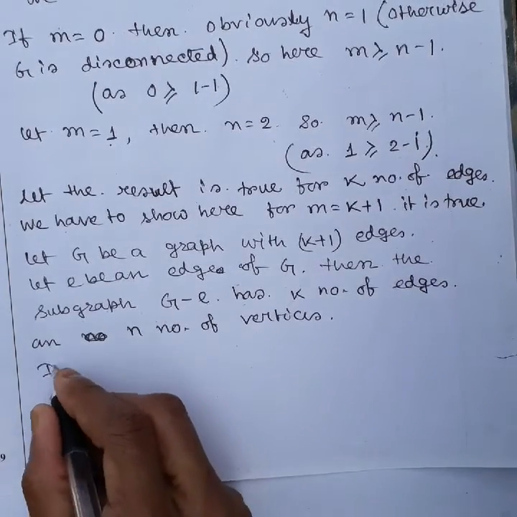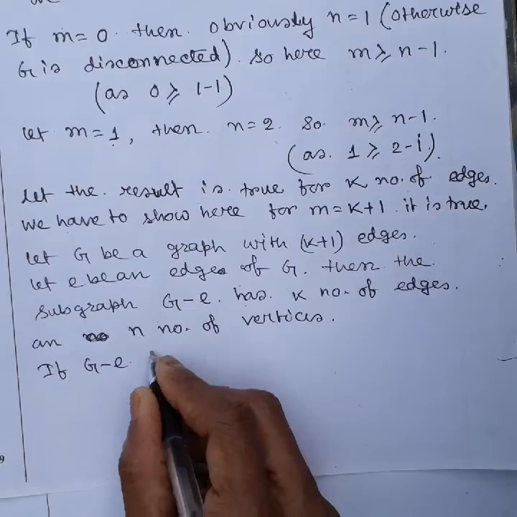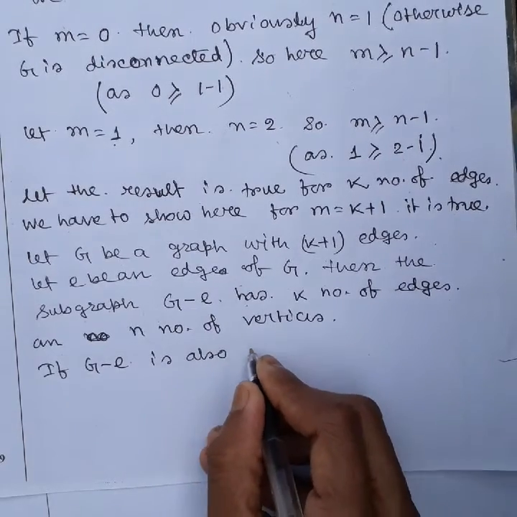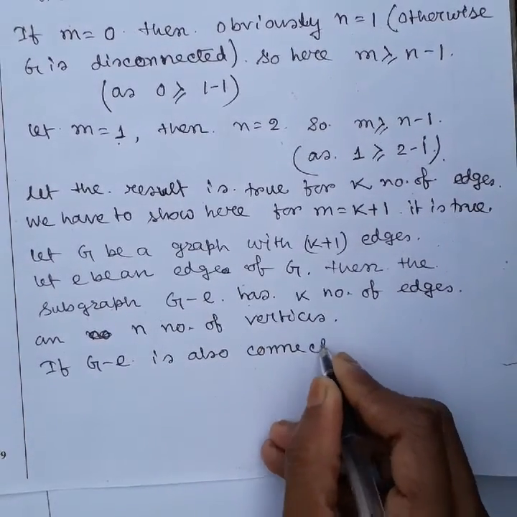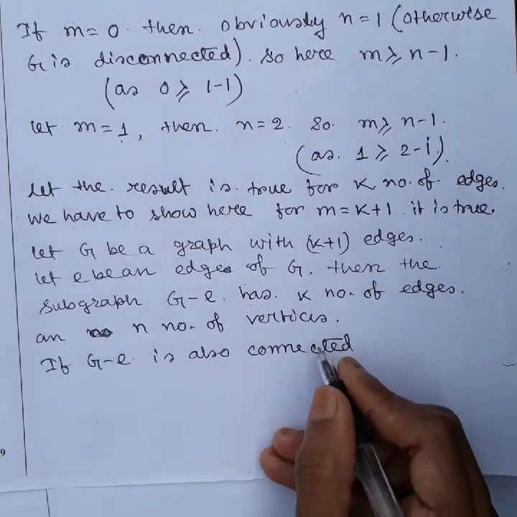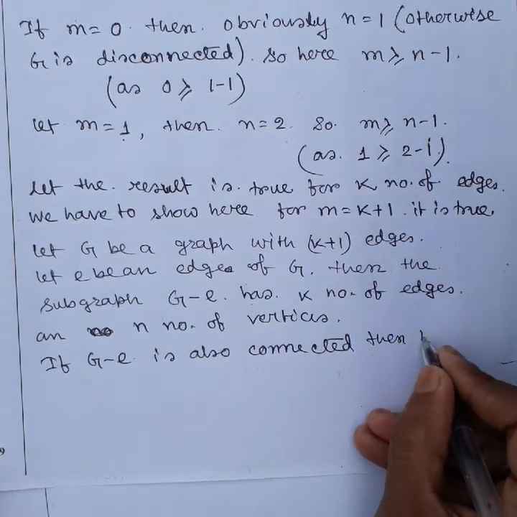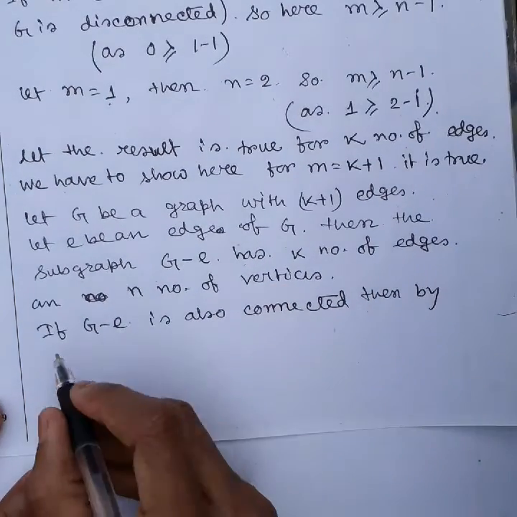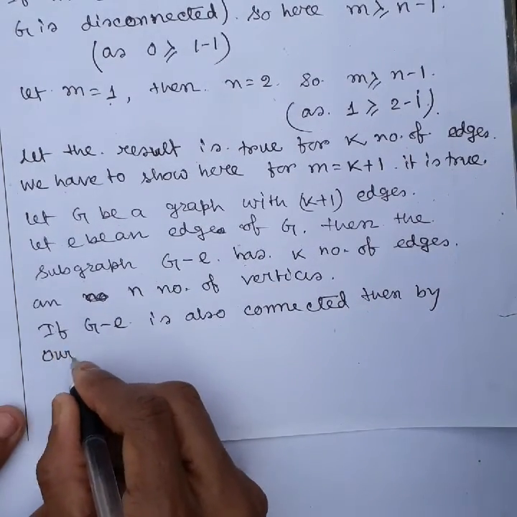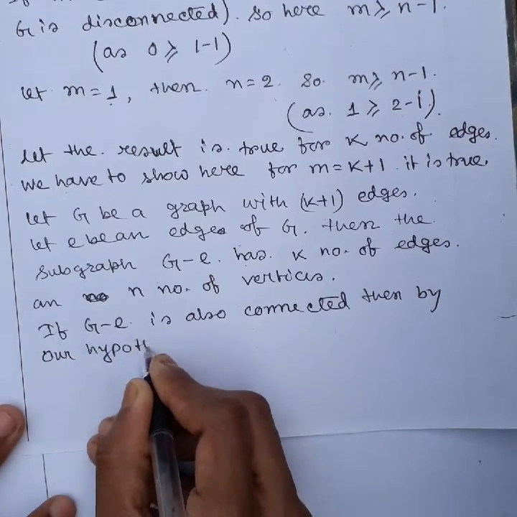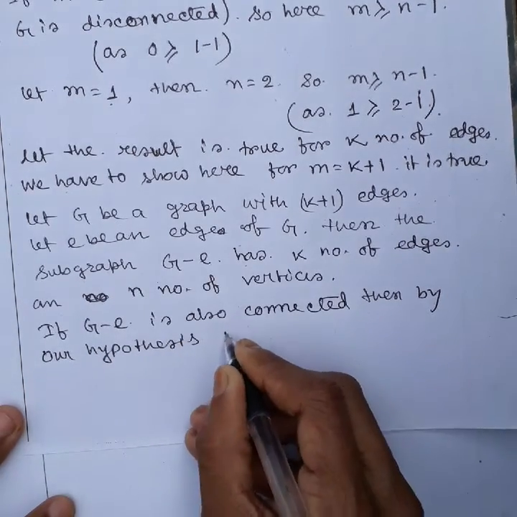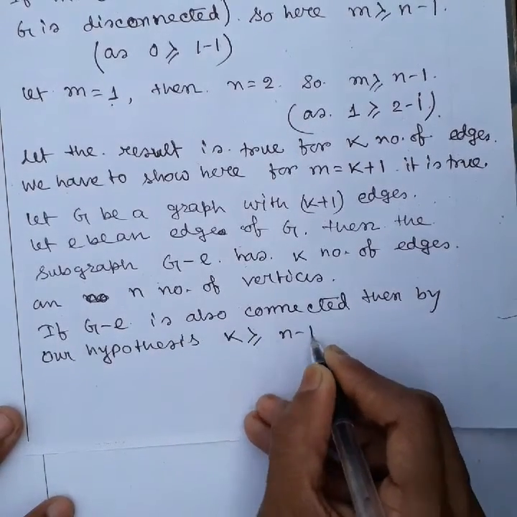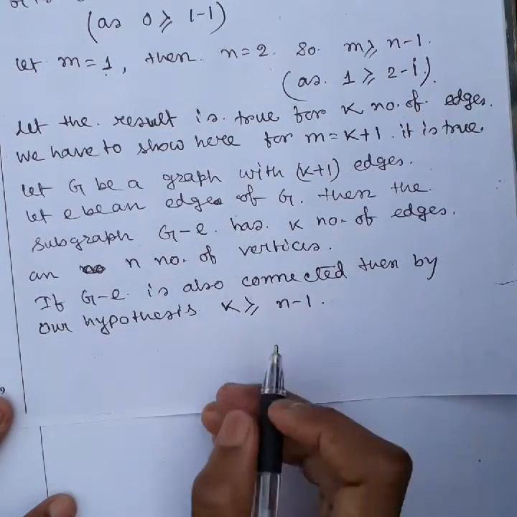Okay, if G minus E is also connected, then by our hypothesis k is greater than or equal to n minus 1.